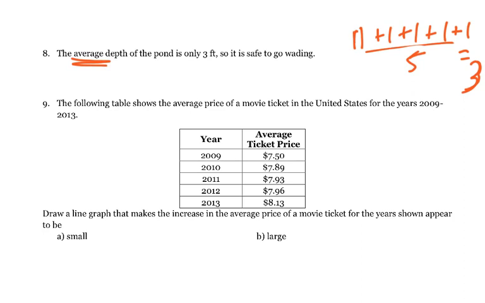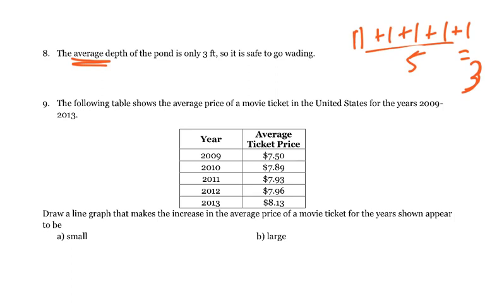And then in 4 other locations, it's only 1 foot deep. So when I add that up, 11 plus 1 plus 1 plus 1 plus 1 is 15. 15 divided by the 5 occurrences equals 3. So the average depth of that lake is 3 feet. But if I go wading and I wade into an 11-foot deep spot, I can't go wading.